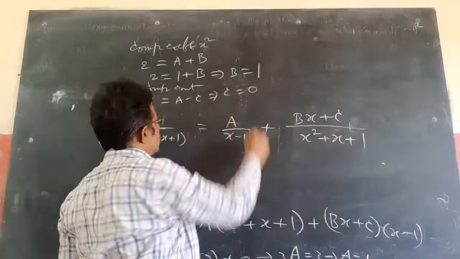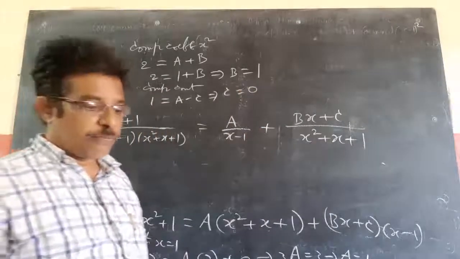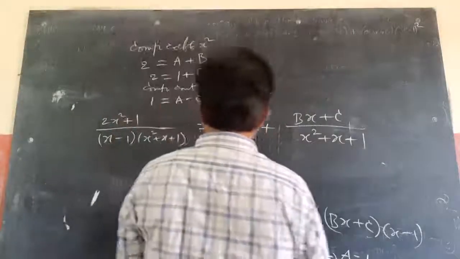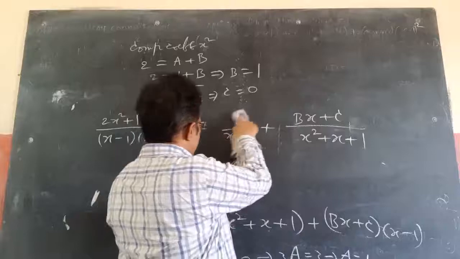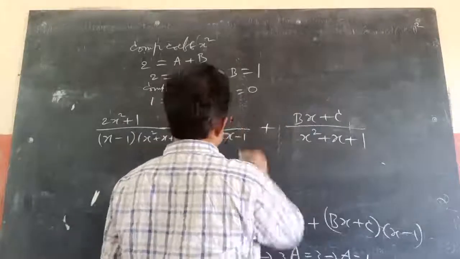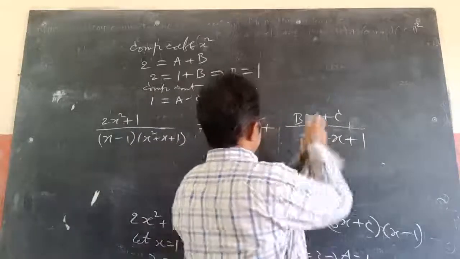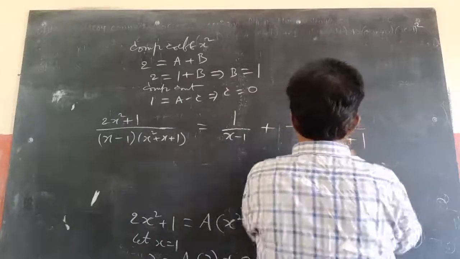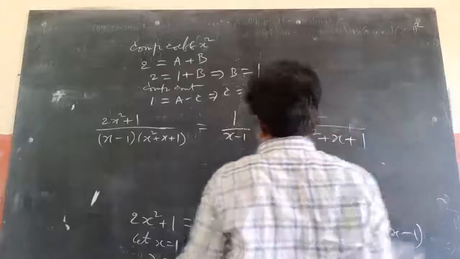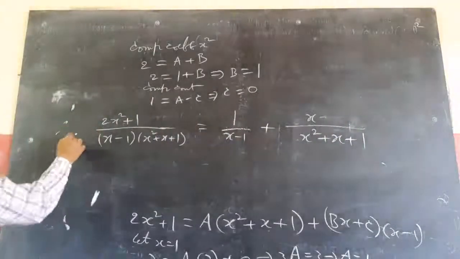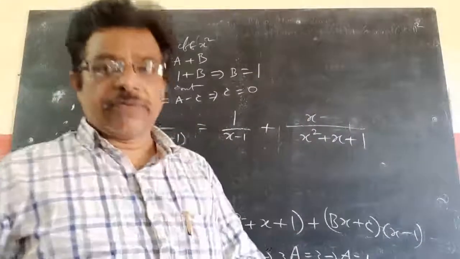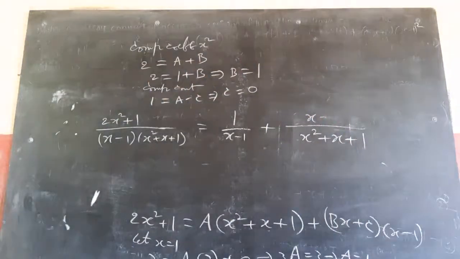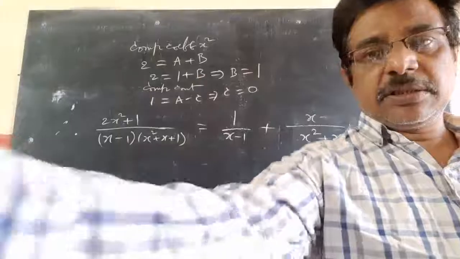Therefore a value is 1, b is 1, c is 0. So this is the partial fraction of the given expression.